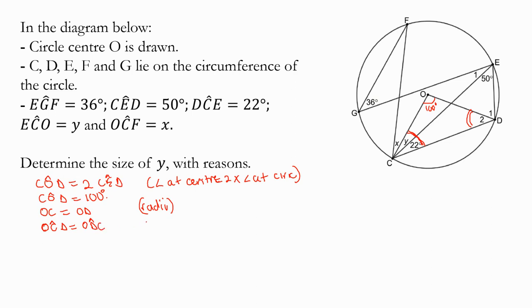So what's the reason here? We say angles opposite equal sides. You can even state the sides there: OC equals OD. So now if we add these angles, we're going to get 180 degrees, angle sum in triangle.